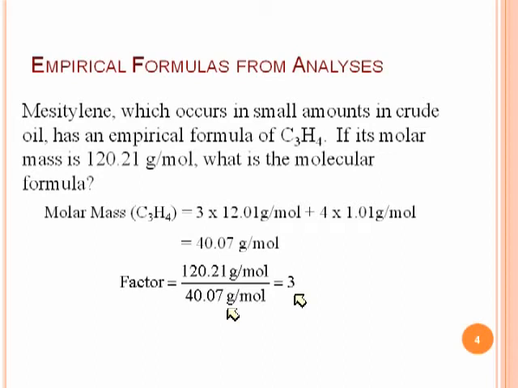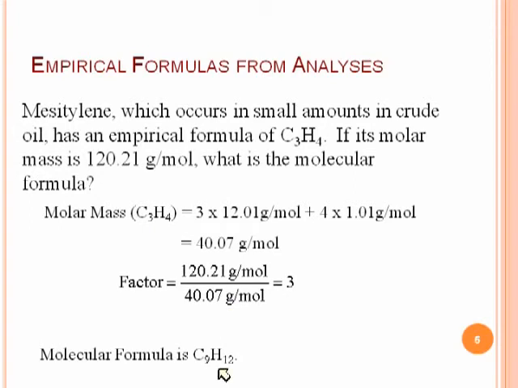So we're going to multiply our formula C3H4: all the subscripts get multiplied by that factor of 3. When we do that, we get C9H12, because 3 times 3 is 9, and 4 times 3 is 12.